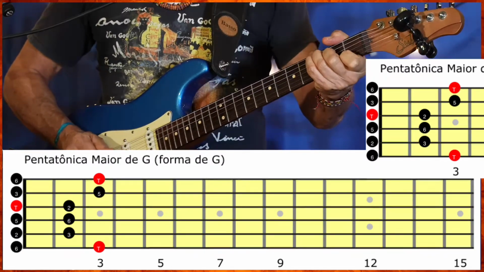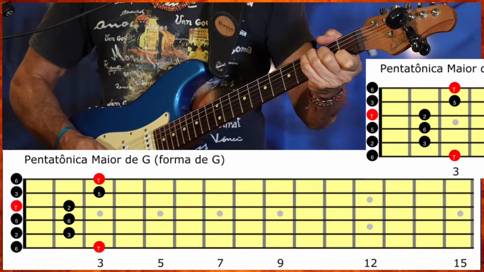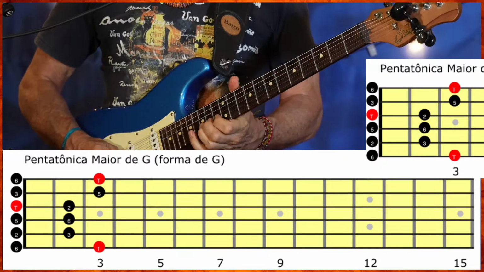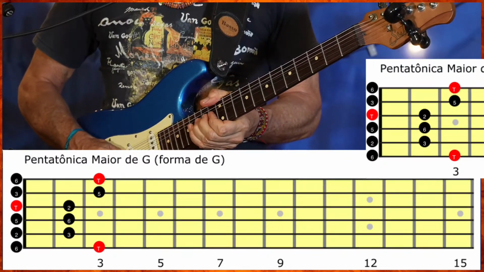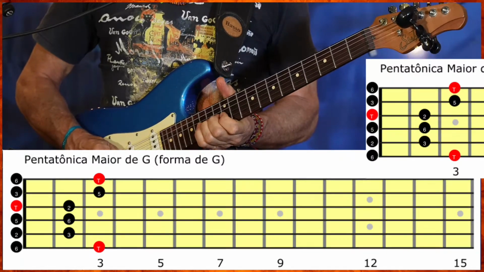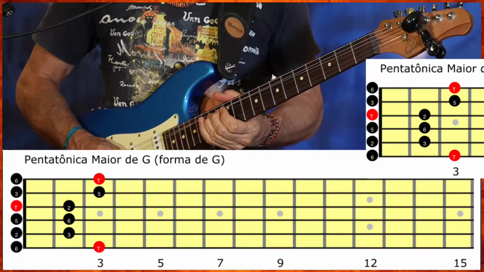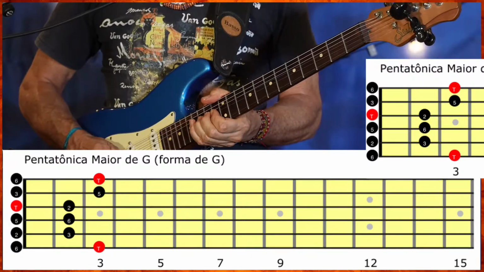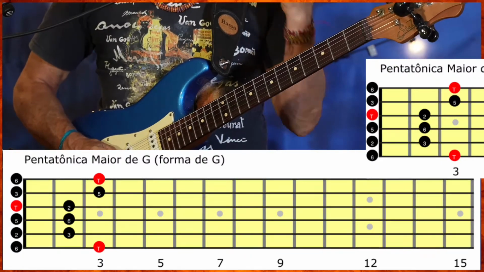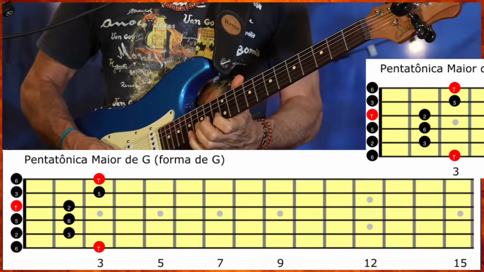So I'm going ba, ba, ba, ba, ba. So I bend up to an E, so D to E, back down, and I'm bending up to a B. I bend up to a B, which is the 3rd of G. So that's why it works.